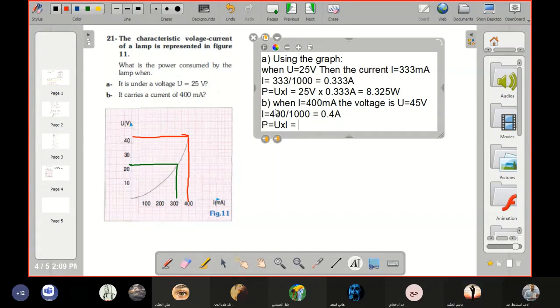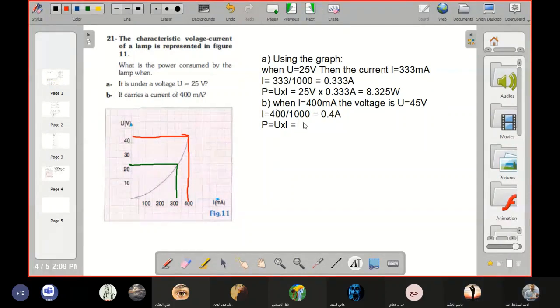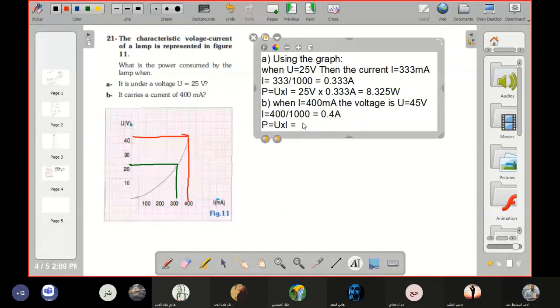Ali Al-Khashin. 45 volts times 0.4 ampere equal, the answer is equal 18. Okay, the answer is 18 watts.